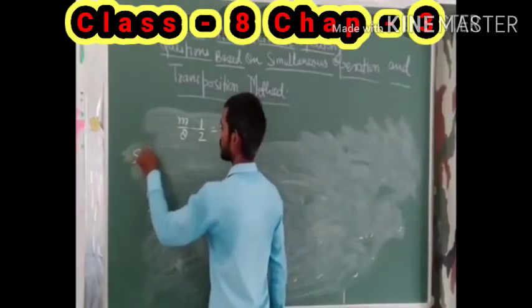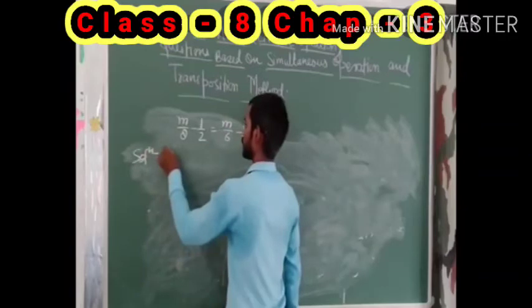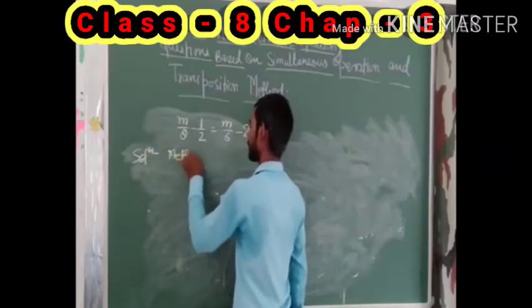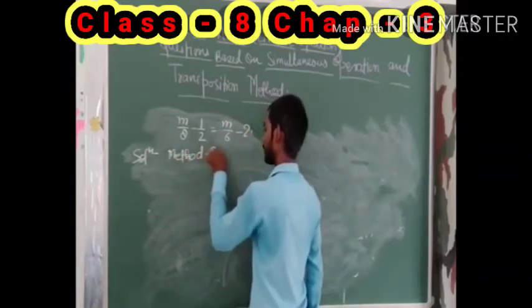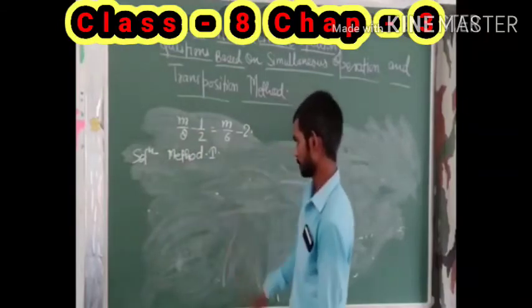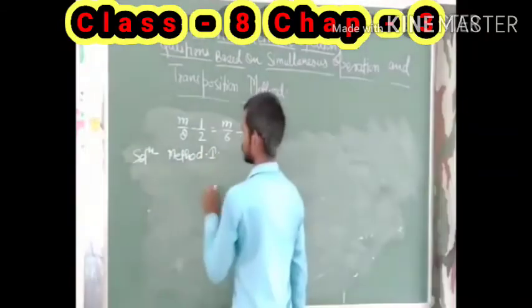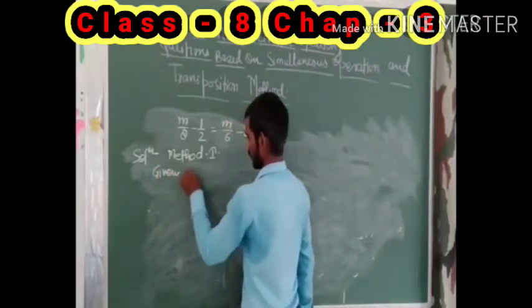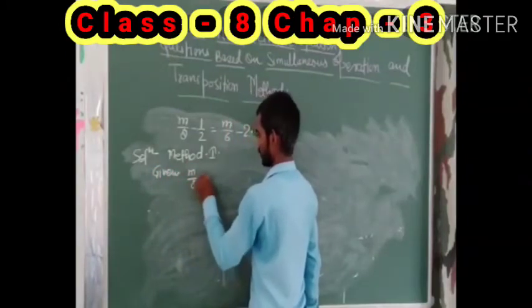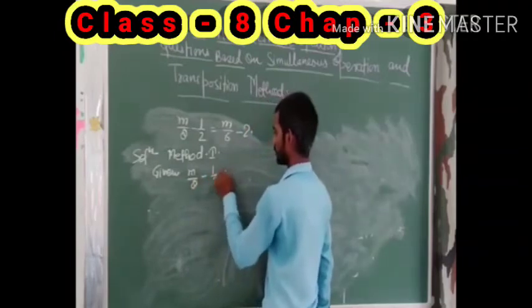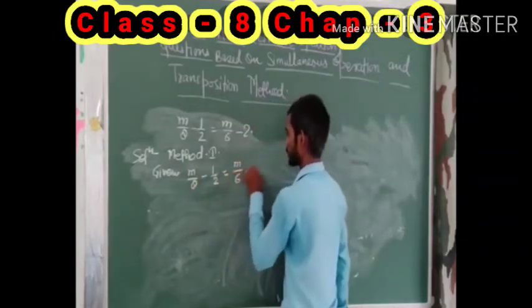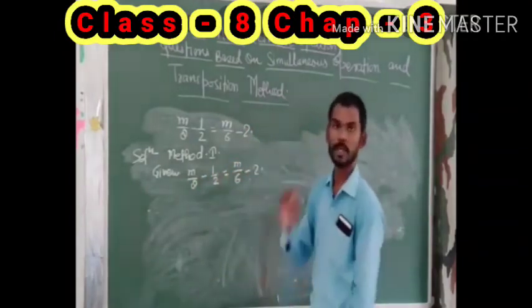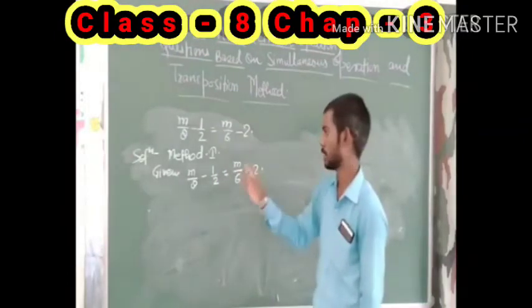So the solution. So given, m upon 8 minus 1 upon 2 is equal to m upon 6 minus 2. This is the given equation.